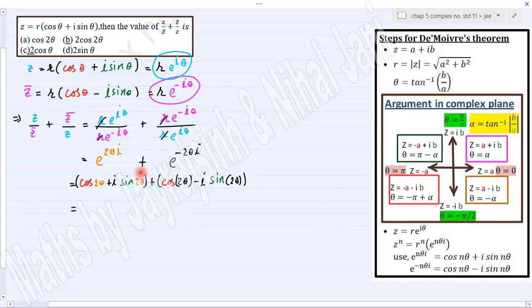Now here plus i sine 2 theta minus i sine 2 theta will cancel out and you will get 2 times cos 2 theta, which is given in option B. Ta-da!